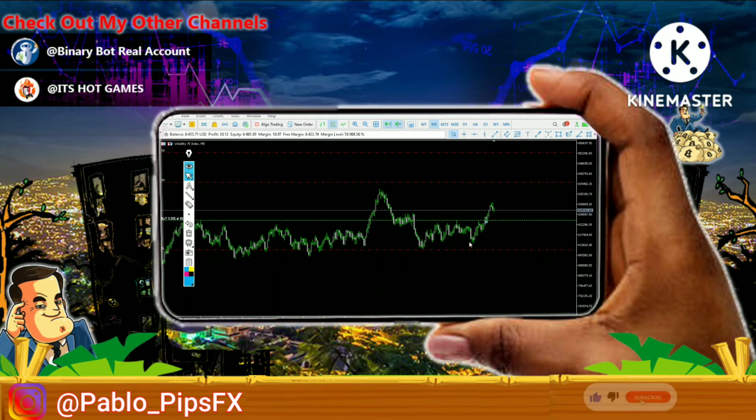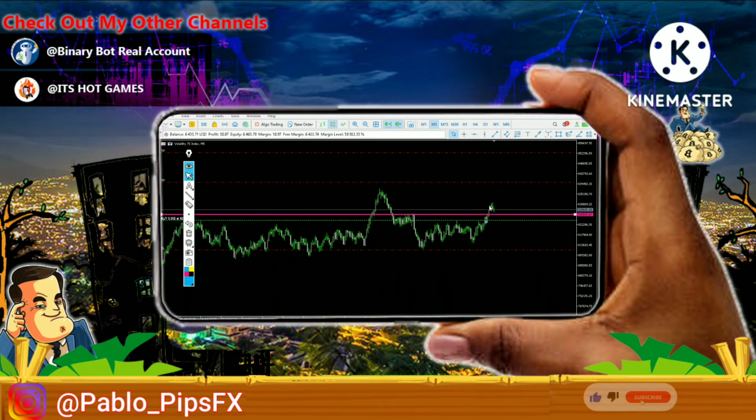We see that price right now is respecting that level of that high that was previously broken. Let me see if I can do it. It's so hard to use this. All right, so we see that price just broke above that level, and now it's trying to retest it.